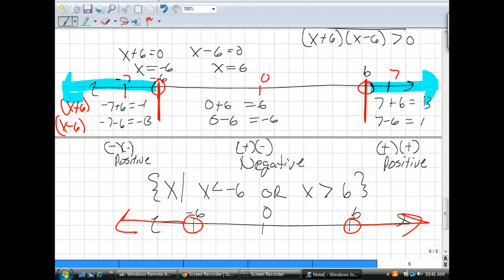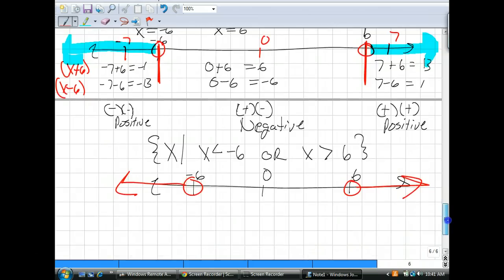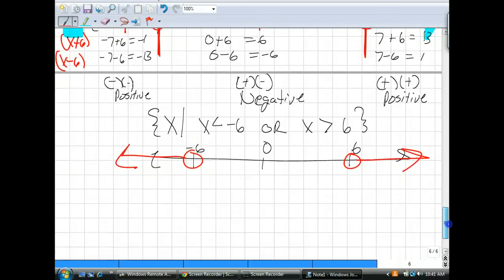Okay, and let's look at one more problem. Let's look at y minus 1 times y plus 1 is less than y plus 1.